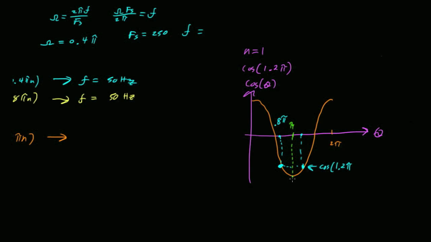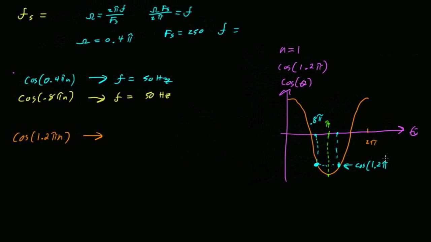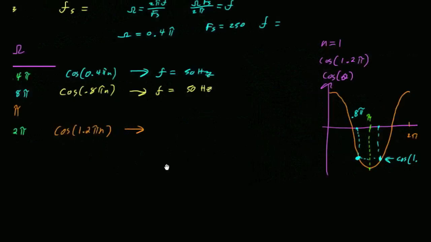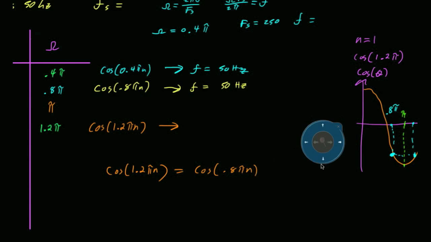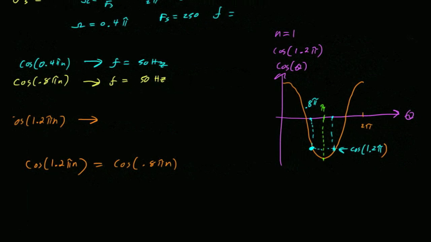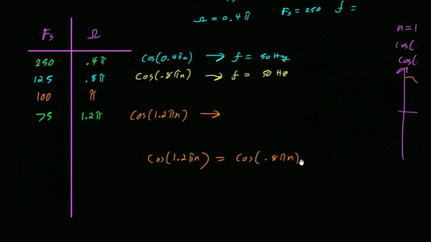I am telling you that cosine of 1.2 pi n equals cosine of 0.8 pi n. In this case, I proved it graphically for n equals 1. But you could do the same thing for n equals 2, n equals 3, n equals 4, and so on. So it turns out this is true for all n.